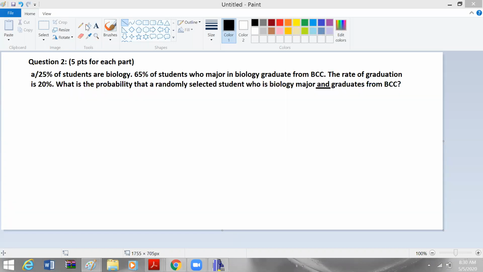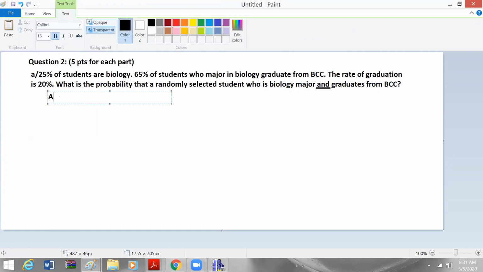A and B will be the probability of biology and graduate, right? In order to avoid any confusion, we call it A, and some of you may skip that step. We take A to be the biology majors, and then B will be graduate from BCC.